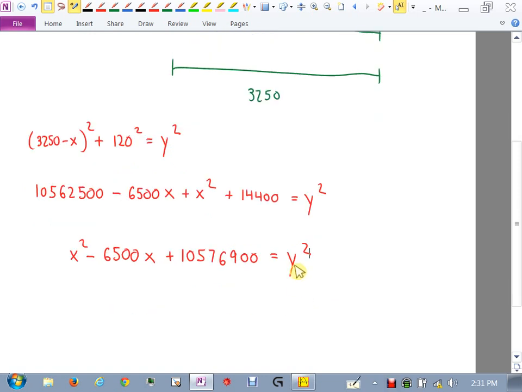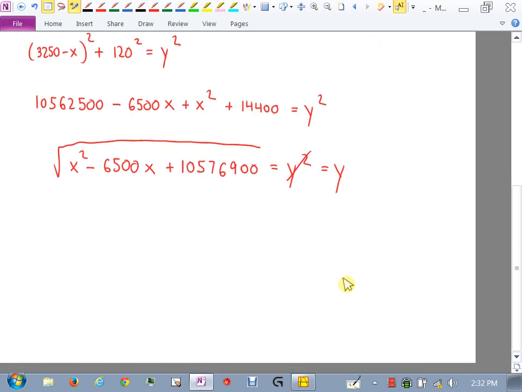Now remember, I'm trying to get y in terms of x, so let me get y by itself over here, which means I'm going to square root both sides. So I'll go ahead and just do that, and I'll turn that into y. And now that means I can go back to my cost equation, and wherever I see y, I can replace it with this. It's not pretty, but that's what it can be replaced with, right? So here, rewrite the cost function. The cost was equal to the cost underwater, which was 100 times y, wasn't it?